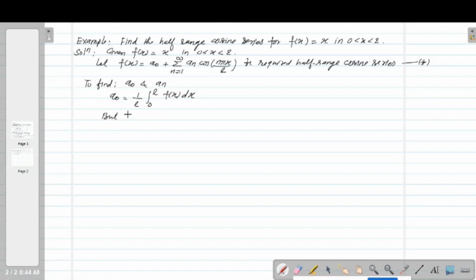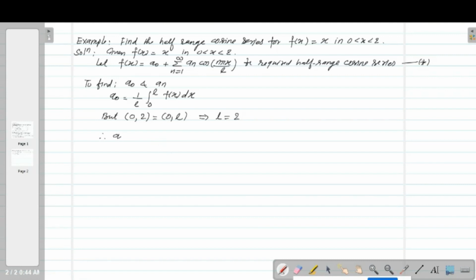But your interval is given to you as 0 to 2. But we know that this is a half range cosine series in the interval 0 to L. So comparing this, we will get L equal to 2.